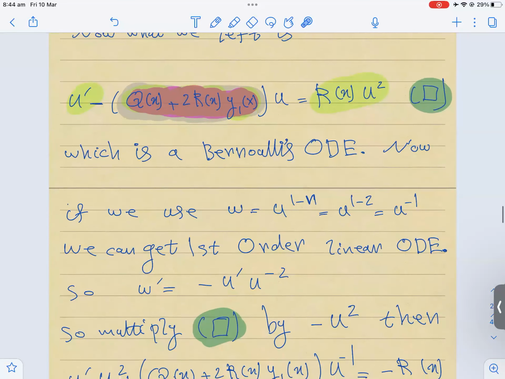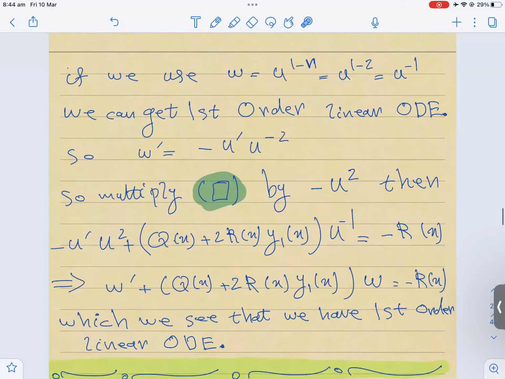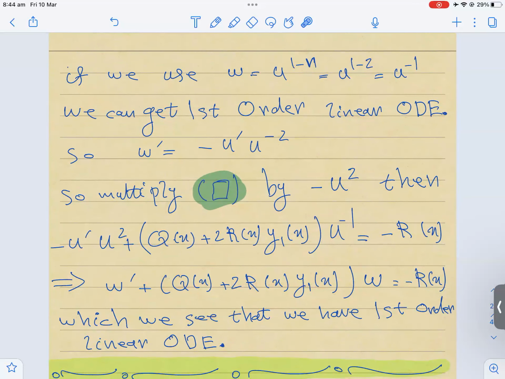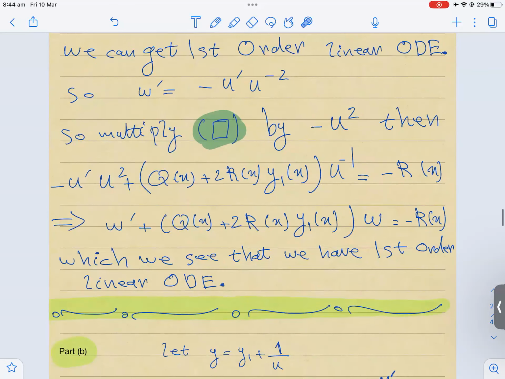So the change of variable w will be u to the power 1 minus n, or 1 minus 2, so w will be u inverse. Then you will start solving this equation, and w prime will be this one. This u squared will be deleted from here, so you can read the rest easily.